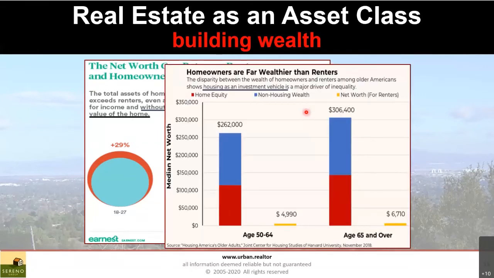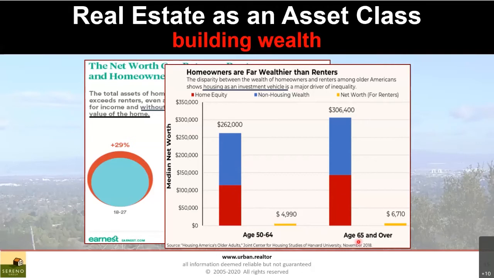And if we look at another chart, which was put together when we consider housing as an investment vehicle, we look at the gap also between renters and homeowners. Here we have the ages of 50 to 64, where we have the home equity in red and other indirect benefits of homeownership in blue.